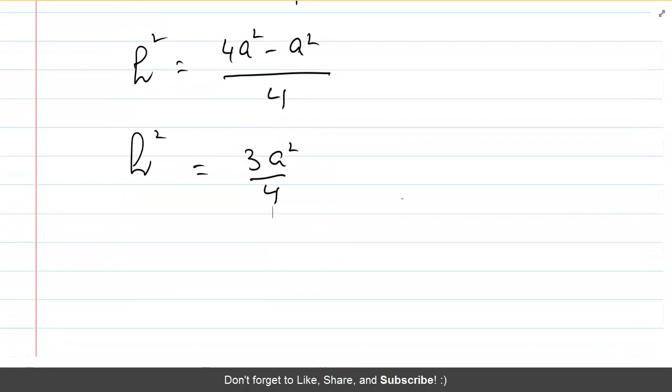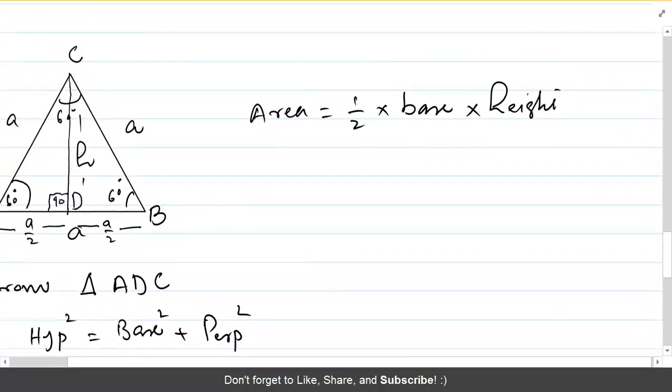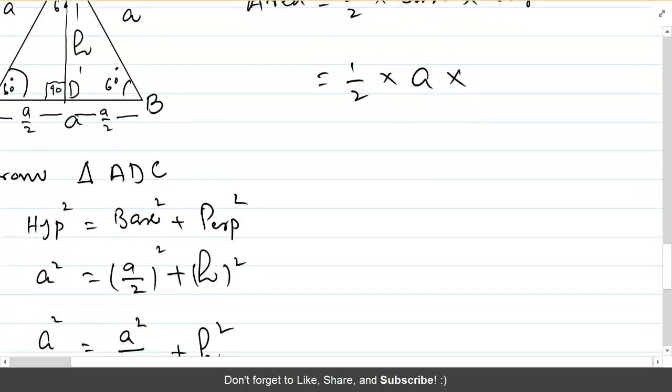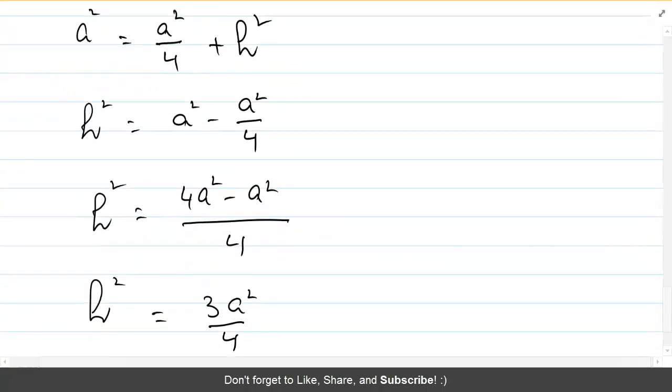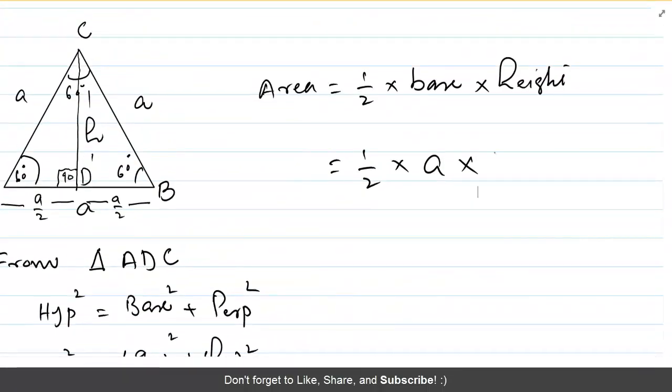If we take the square root on both sides, then H would be equal to root 3 A over 2. And by substituting this value of H from 1 in here, the area is 1/2 times base A times H, and from 1, H is equal to root 3 A over 2.